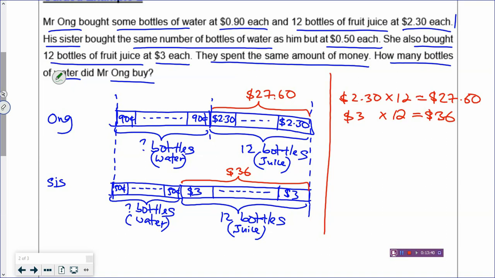If you look at the average, what is average? It means that everyone has an equal amount. So from 50 cents, which is the average, to 90 cents, which is another average, what is the increase? You take 90 cents and minus 50 cents. So there is an increase of 40 cents.